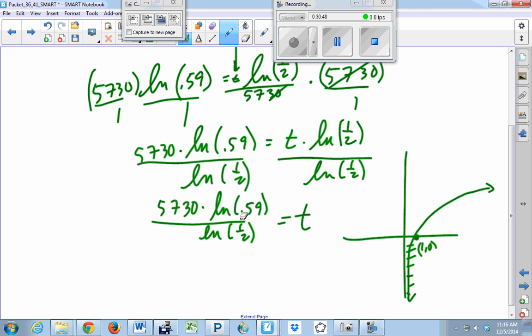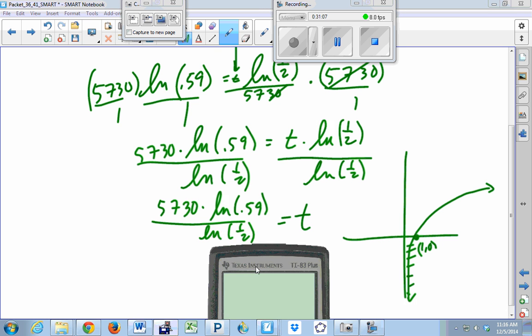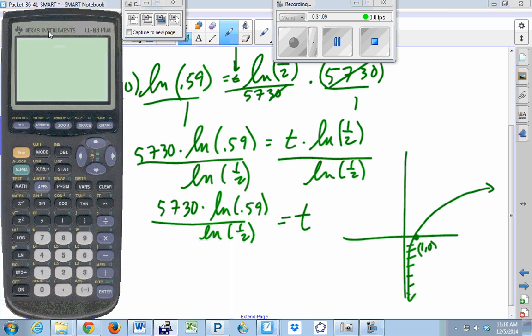They're both going to be negative, but a negative divided by a negative will give you a positive. Anytime you take the natural log of a number between 0 and 1, your answer is going to be negative. You can't have negative times, so both of these are negative here if you look at this graph of your natural log function.